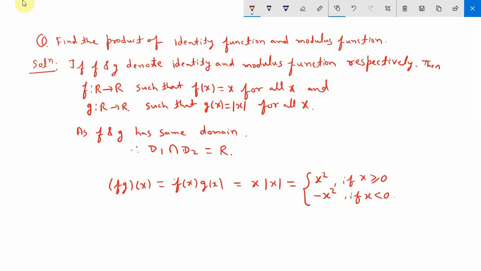Then next we will see, please write down the problem. f and g are two real functions given by f(x) = 1 by (x + 4), and g(x) = (x + 4) to the power 3.